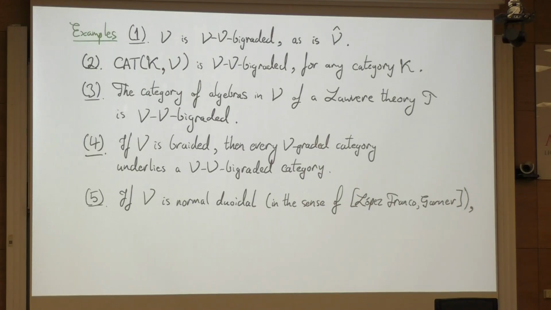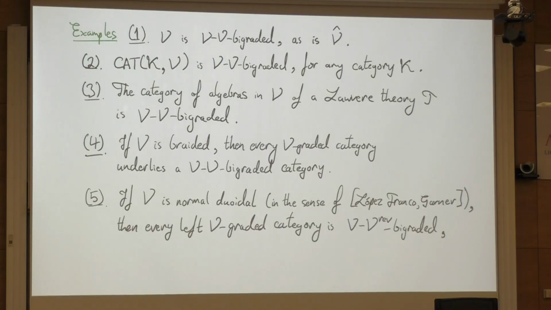And then in the more general case where V is normal duoidal, in the sense of Lopez Franco and Garner, of course the notion of duoidal category going back further to a number of authors, including Aguiar, in this case, every left V-graded category is, interestingly, V-rev bigraded, but that concept simplifies to simply V times V-graded.